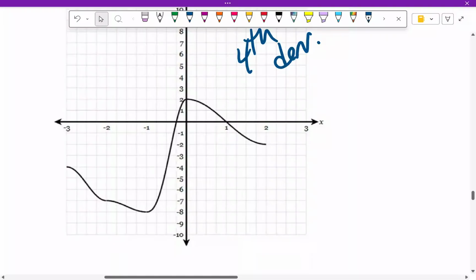Maxes come from derivatives, right? So the maximum of the fourth would mean I'd have to look at the highest slope on that graph. That's not the slope of the graph, is it? The highest slope, so it looks like something's going on like here, right? I would look at this slope right here.